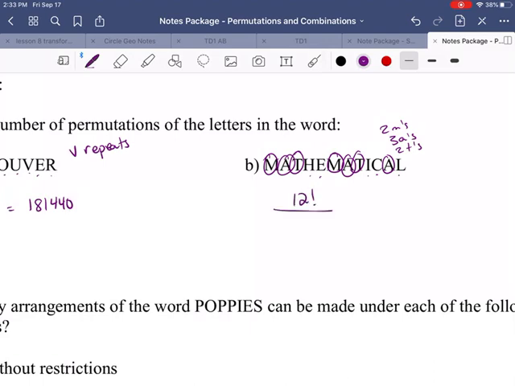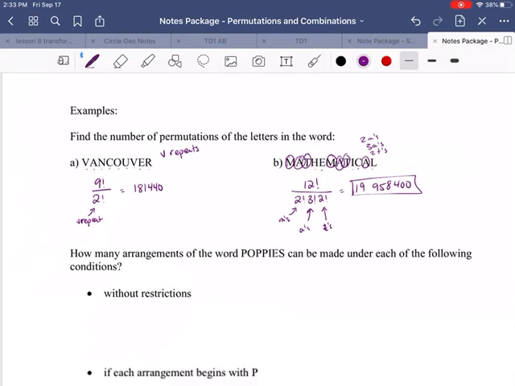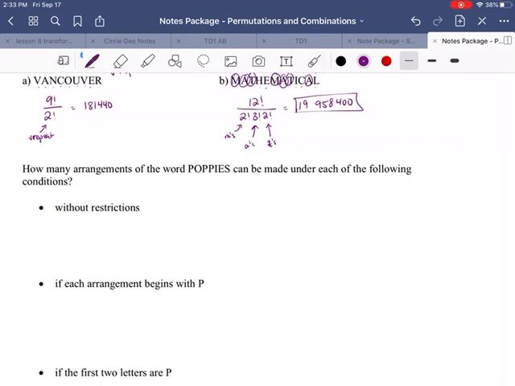So in total there's 12 letters, so 12 factorial, and we're going to divide that by 2 factorial for the M's, 3 factorial for the A's, and 2 factorial for the T's. And we end up with 19,958,400.